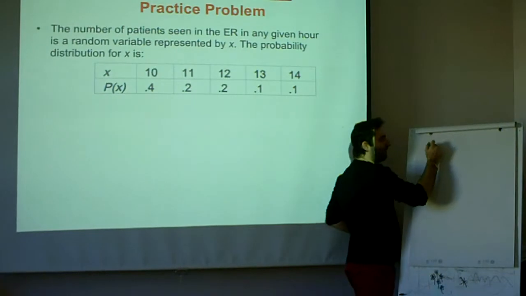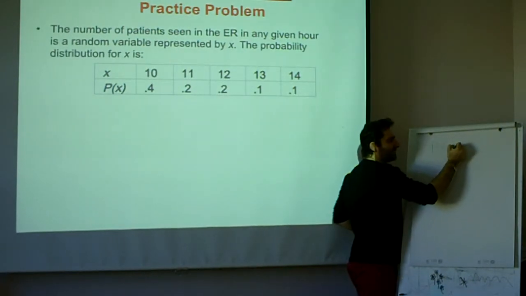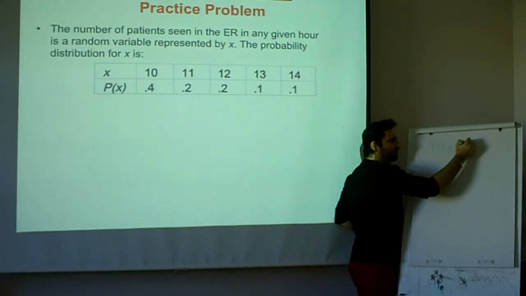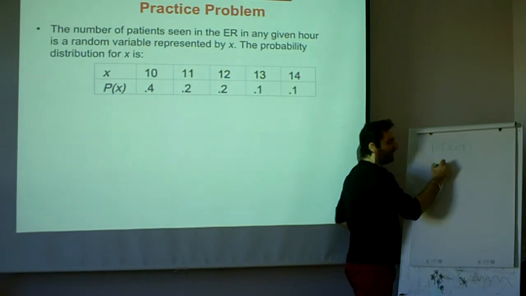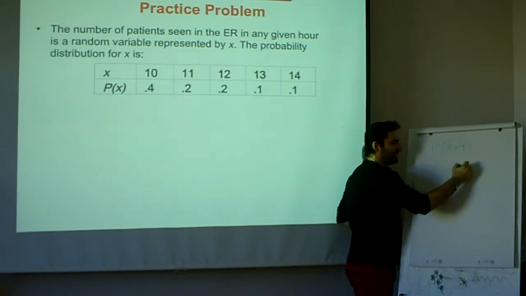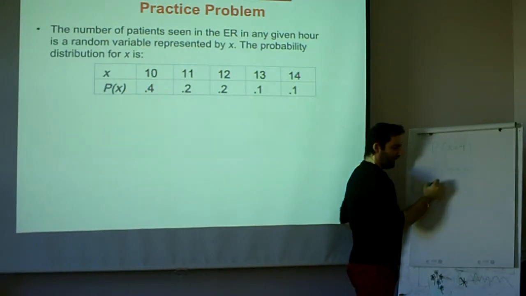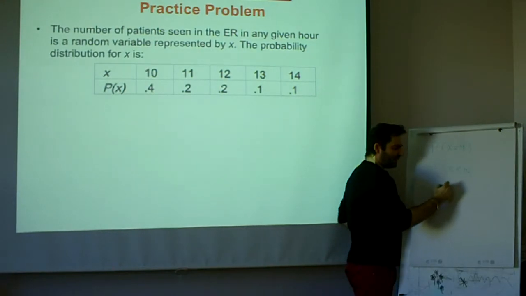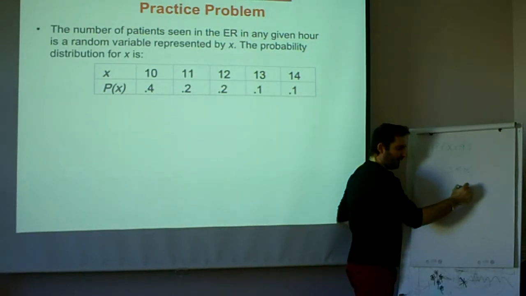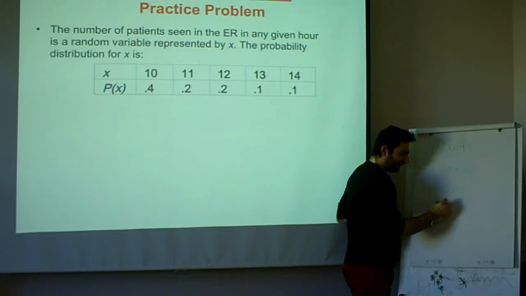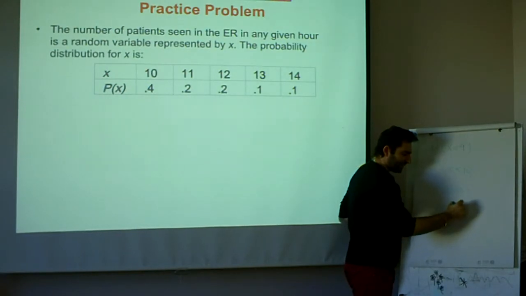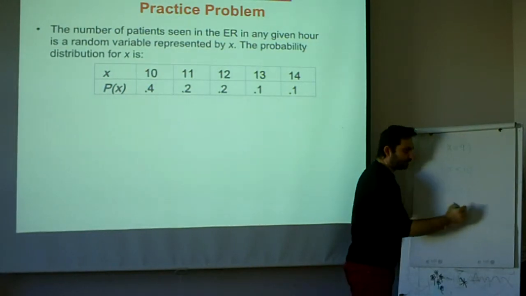Can you tell me the probability of X equal to 9? The probability of X less than 10? The probability of X equal to 15? And the probability of X greater than 14?